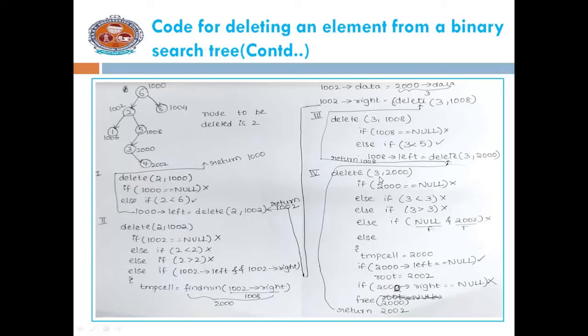So delete of 3 comma 2000. Now our root address is 2000. If 2000 is equal to null, no, the case fails.